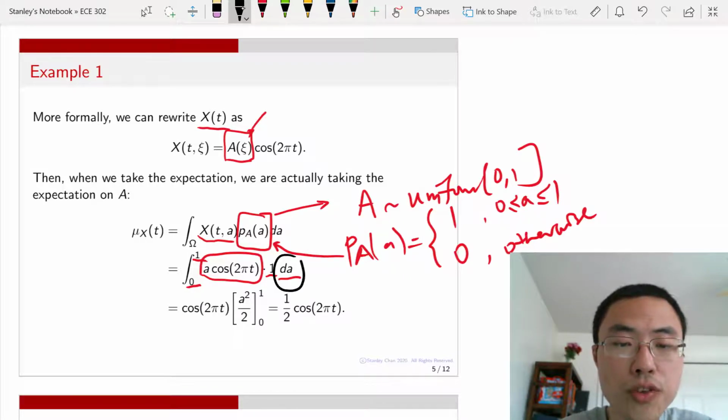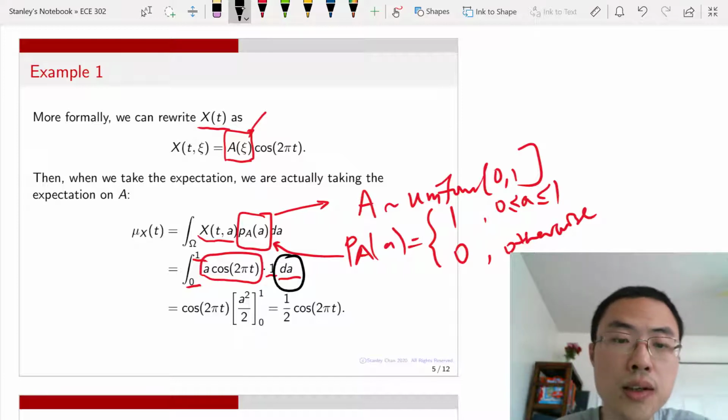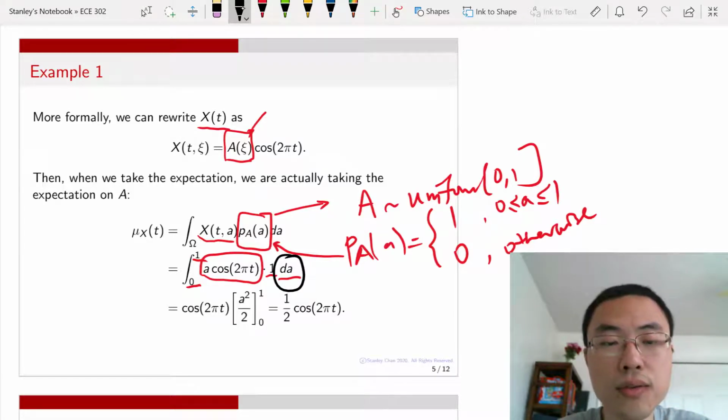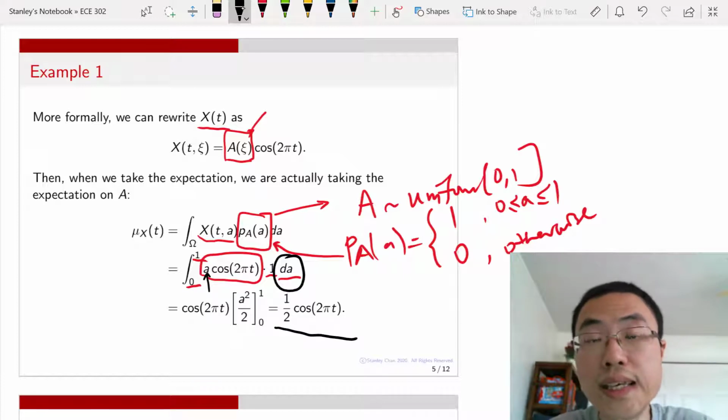Remember, you're integrating with respect to a, which is your random index. So you're integrating over the random index, and since this cosine 2 pi t has nothing to do with your a, you can pull it out, and all you have left is this a. And if you integrate a da, you will get a squared divided by 2, and you evaluate the two limits from 0 to 1, you get 1/2. You get this 1/2 times cosine 2 pi t.